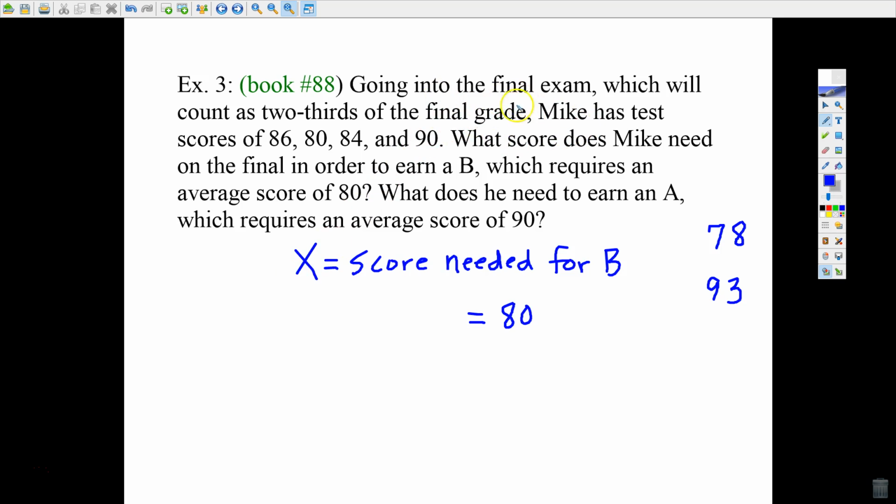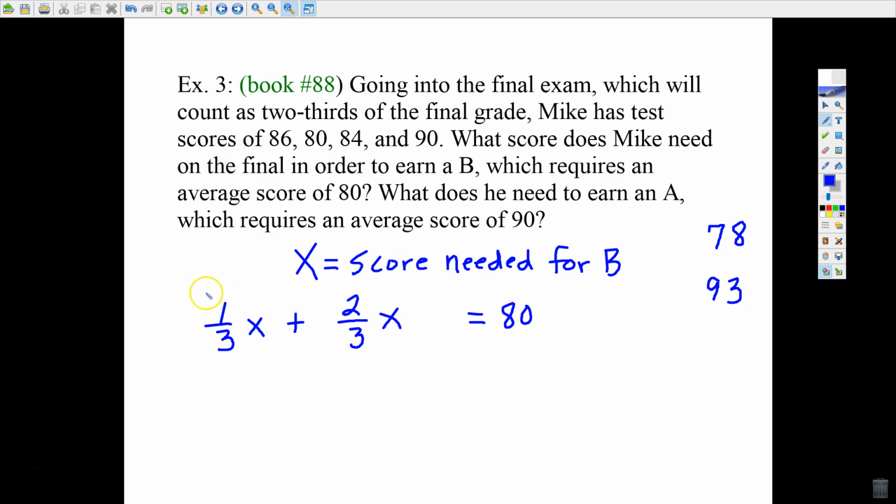So if 2/3 of his grade is the final, 2/3 times this score is the final, then that means 1/3 of that grade comes from the average of these.